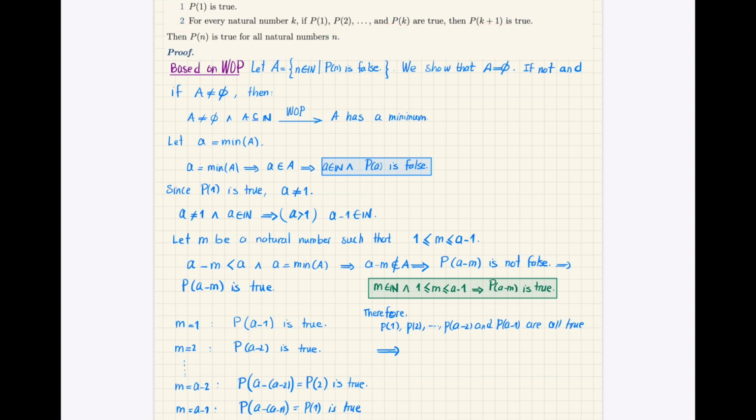Now you see A minus 1 is a natural number. We have it guaranteed here. And I know that P of 1, P of 2, up to P of A minus 1 are all true. So according to the second item, I can conclude that P of the next one, A minus 1 plus 1, which is P of A, is true.